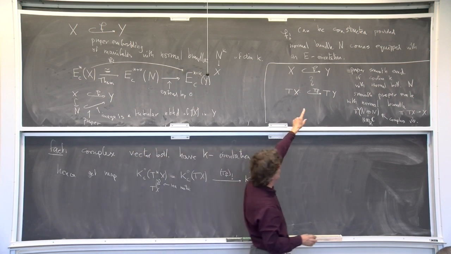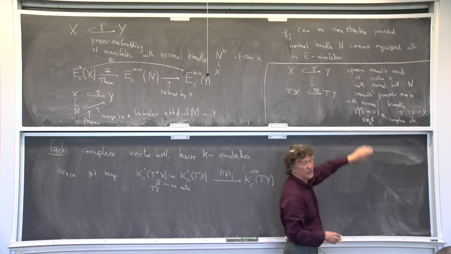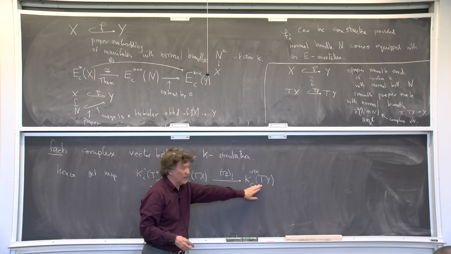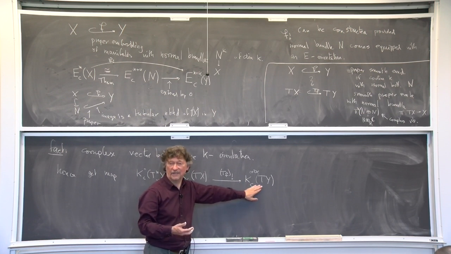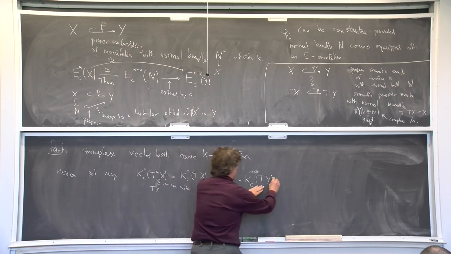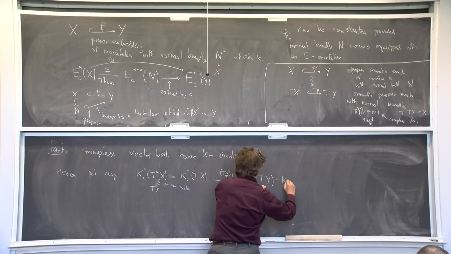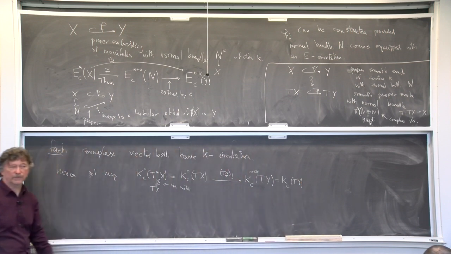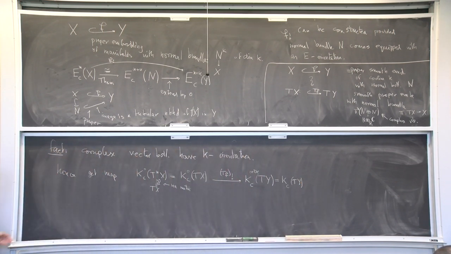Since the original codimension is K, then this will have codimension 2K. So I have a shift here. But then K-theory is periodic, complex K-theory is. So no, I'm always going to identify that again with just the K-theory of that. So that's why I don't have a dimension shift. Okay, so I have this map here.